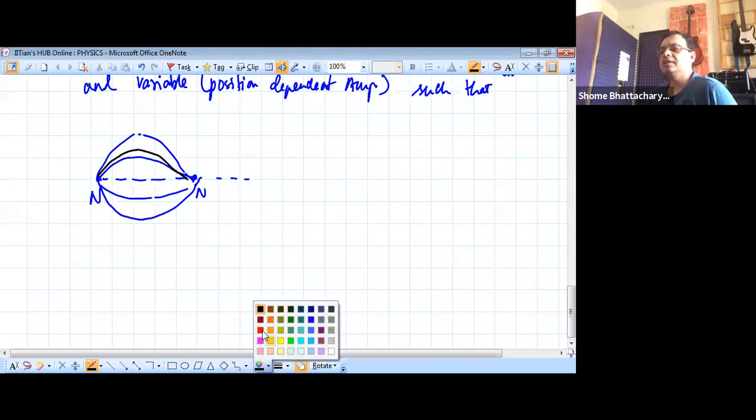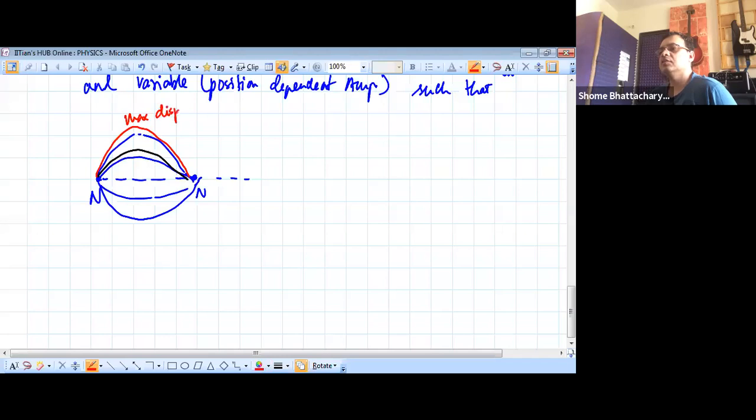Then at a later instant, all these particles will be here when they reach the maximum displacement, and the particle velocity would be zero. But before reaching the maximum displacement, the particle velocity will be like this for all of them. So at some particular instant, the particle velocity is non-zero.